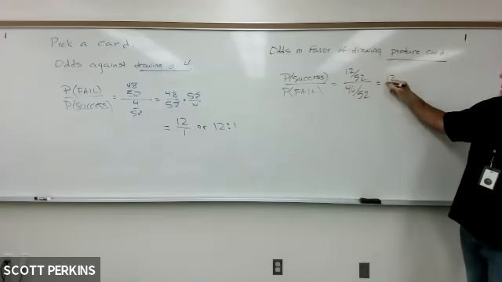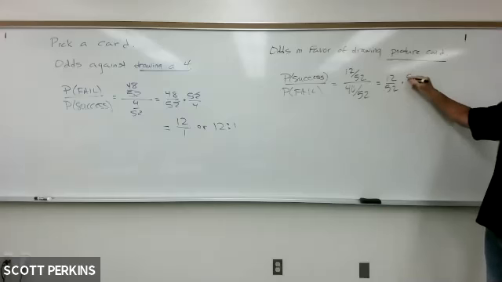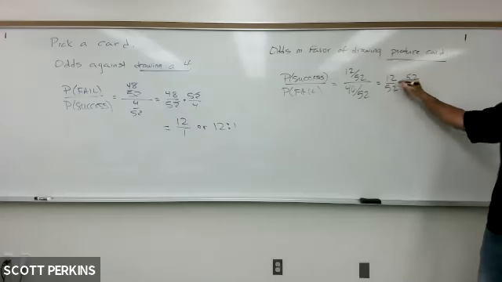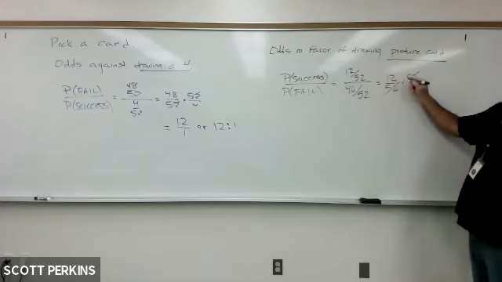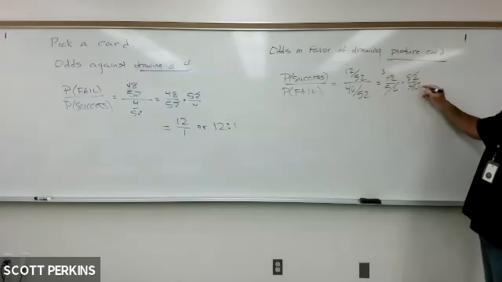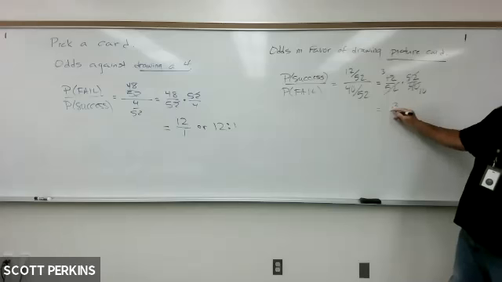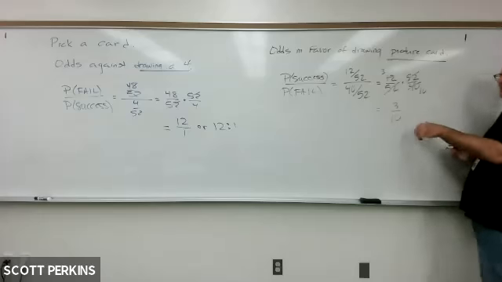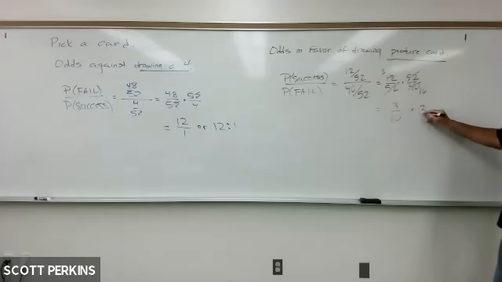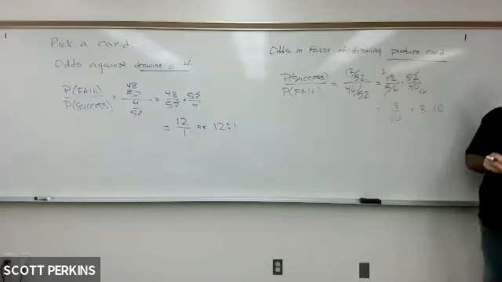And so then I have 12 out of 52 times 52 over 40. The 52s cancel, and then 4 goes into 12 3 times, and 4 goes into 40 10 times. So the odds are 3 to 10, meaning there are 3 successes for every 10 failures. Another way to write that would be 3 to 10, like that.